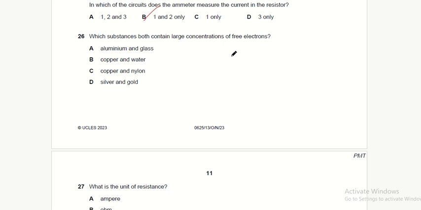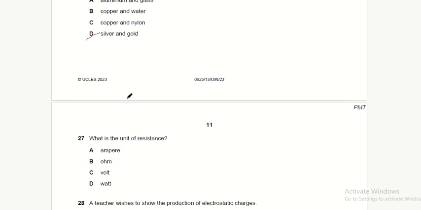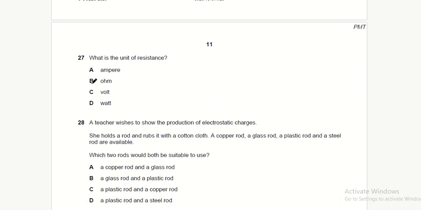A large concentration of free electrons is in metals, so silver and gold, not nylon, not water, not glass.